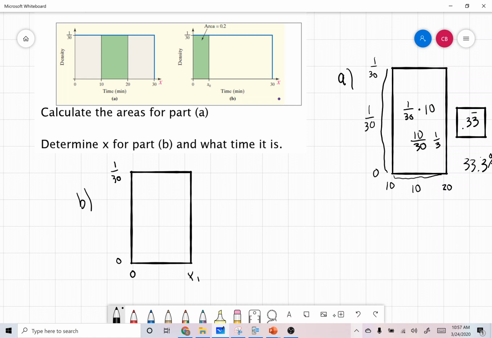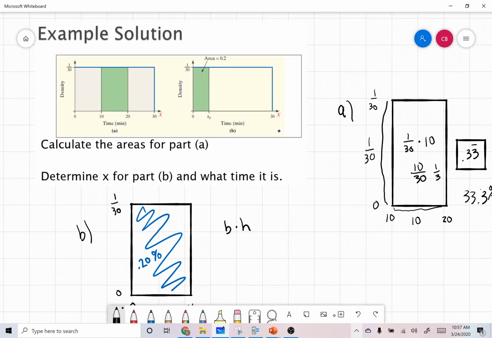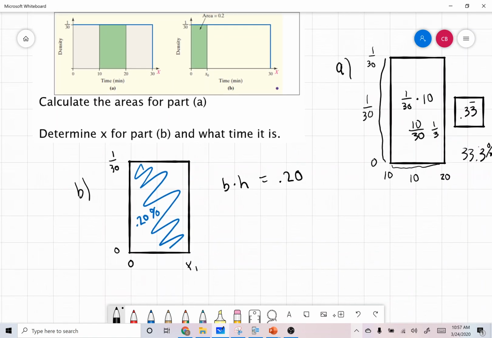The inside part is actually 0.20, so the area here is 0.20. We have base times height is equal to 0.20.